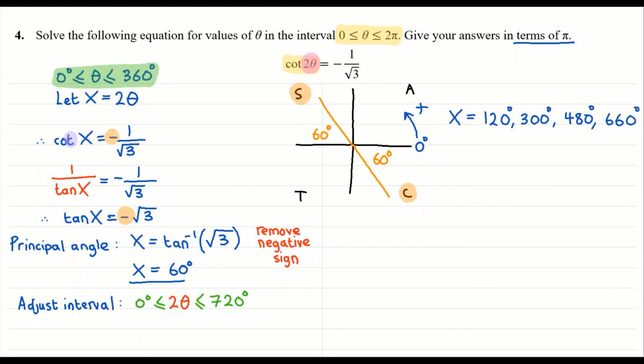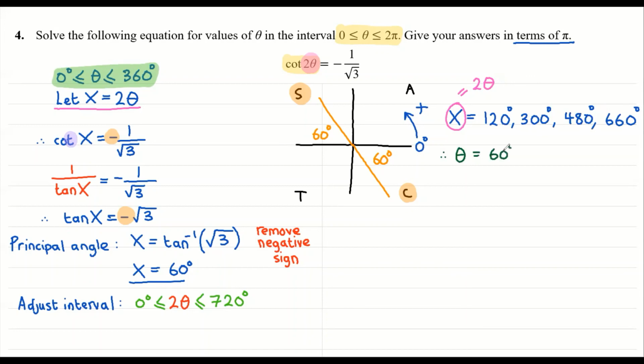Just to remind you, this is equal to 2 theta. That's the substitution we made earlier, which we stated right at the beginning. So to get theta, I have to halve all my angles. Okay, so let's do that. So therefore, theta is going to be half of all these. So we just divide all these by 2.